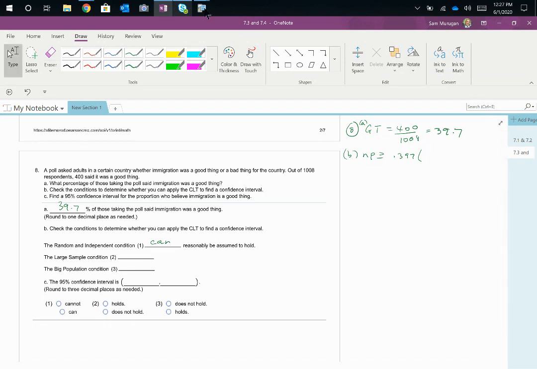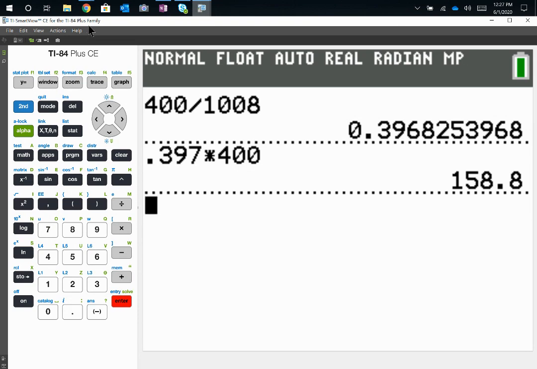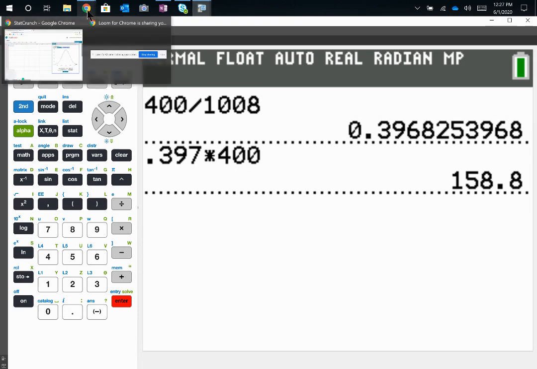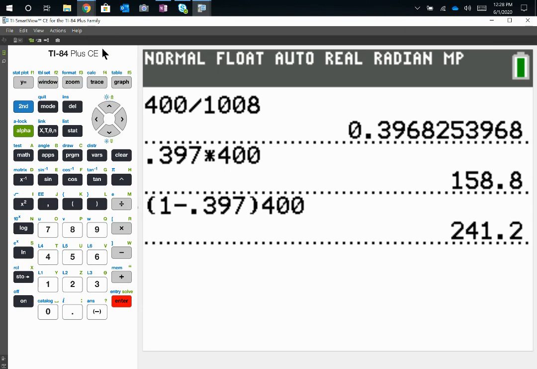So 0.397 times 400, and then 1 minus 0.397 times 400, which gives 241.